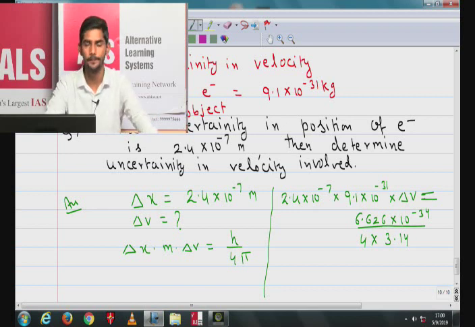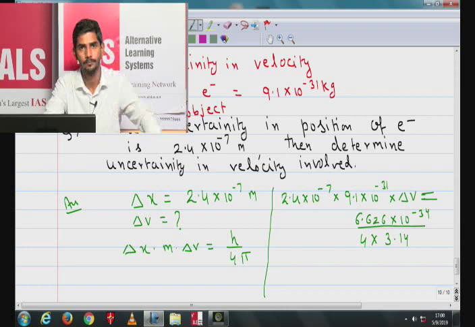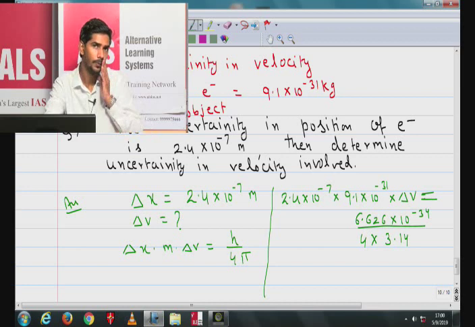Guys, solve it and tell me the answer. The student who answers should give the answer with their name.